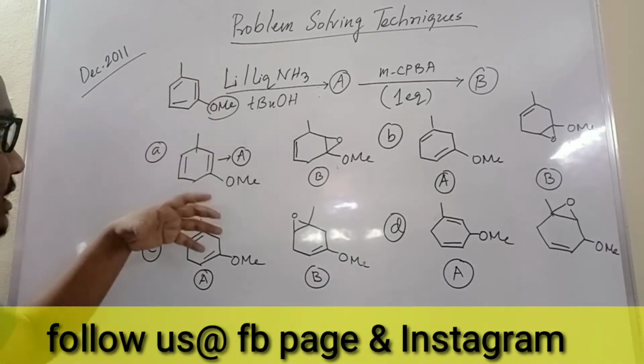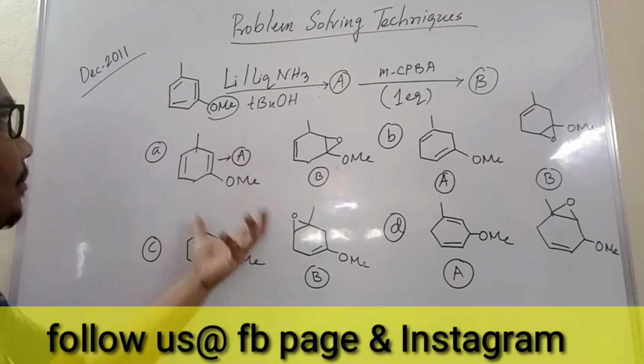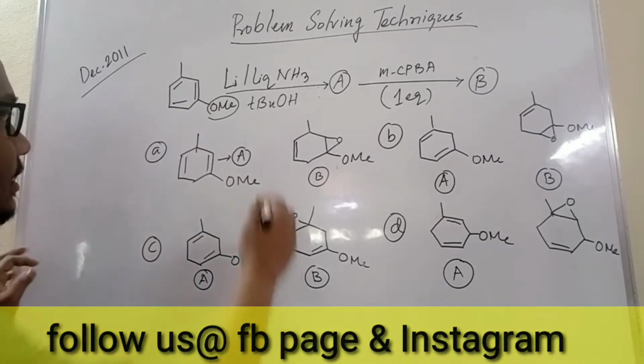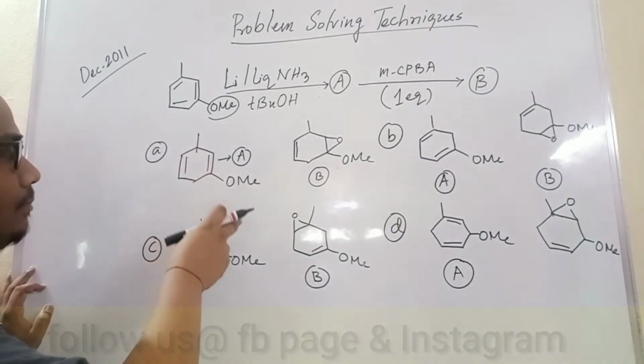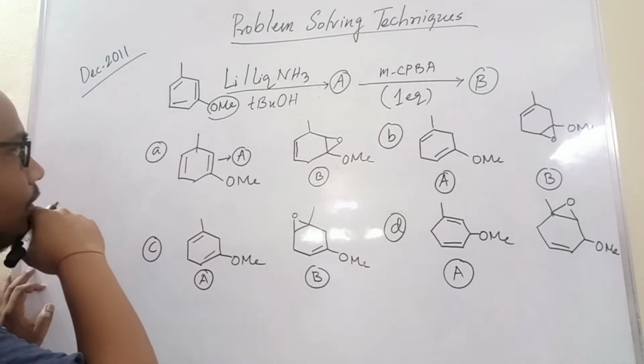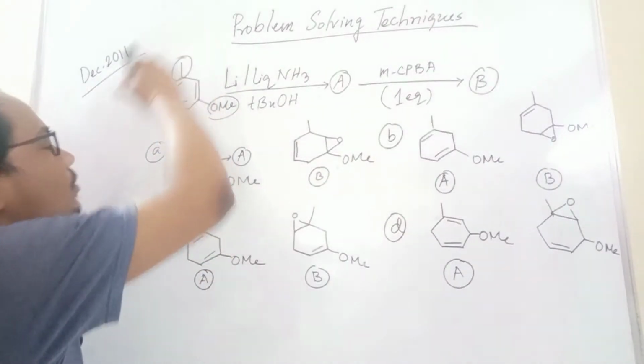In the Birch condition, the reduction, what will come? In Birch reduction, the rearrangement of the double bond comes near to the methoxy group, and here one methyl group is also there.